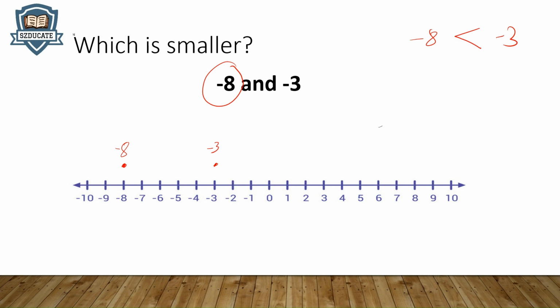Later on, there will also be multiply and divide. These are more important. These are the four operations of negative numbers. So don't need to focus so much on which is bigger and smaller, but just look at the number line. The whole purpose of these two slides is to let you get used to the number line and how to use it. Okay, so later on we're going to use it even more.